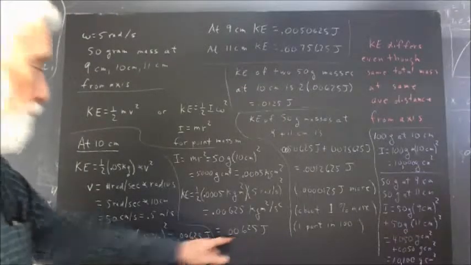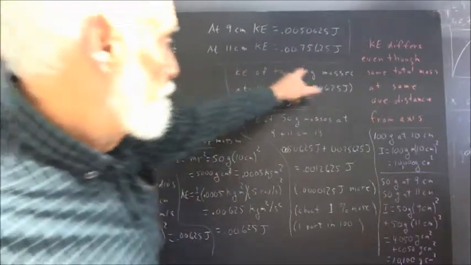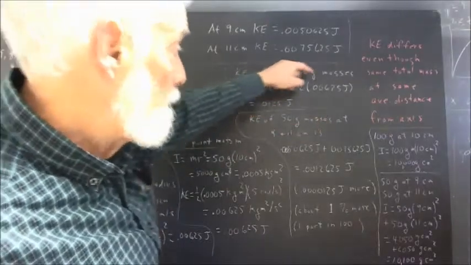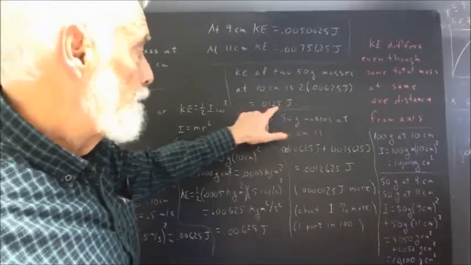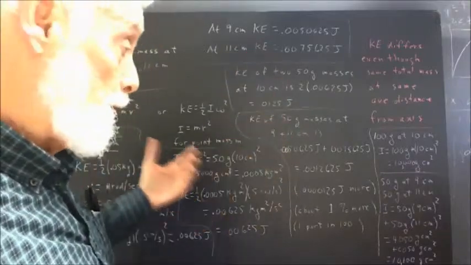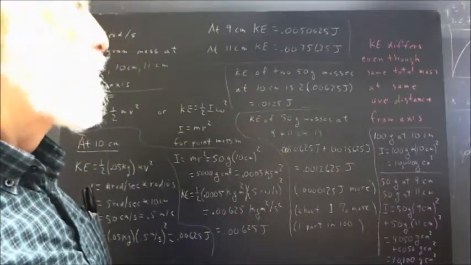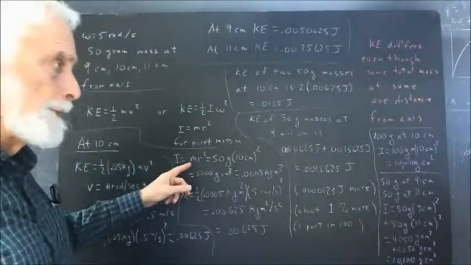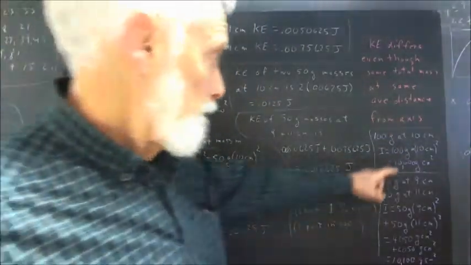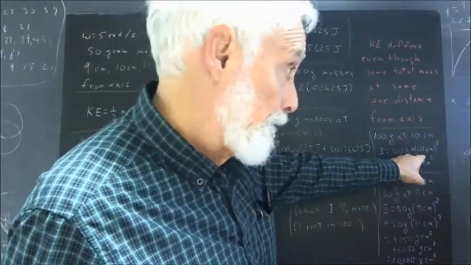Now, this agrees with this, so the kinetic energy of the two 50-gram masses would be double this, and it would give you the 0.0125 joules, just as before. Now, the calculation of the moment of inertia here, we could calculate it as 100 grams at 10 centimeters.